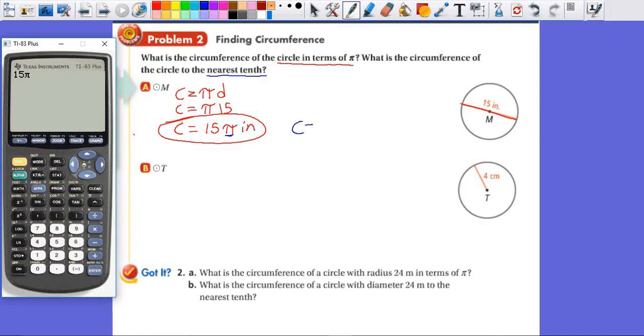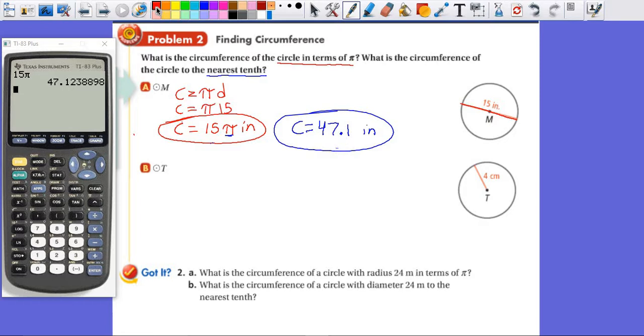Once you've done that, it gives you 15 pi in your calculator. You hit enter, and it gives you an answer of 47.1 when you round to the nearest 10th, and that would still be in inches. All right. So make sure that you know both of those ways, and if you see it in terms of pi, you leave it here. If you see it rounded to the nearest 10th, it goes here.